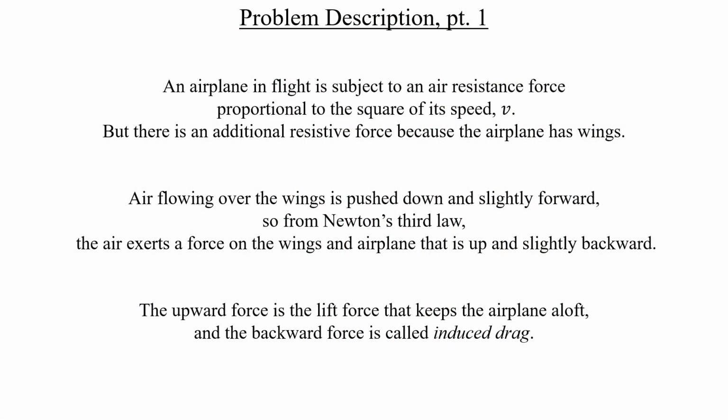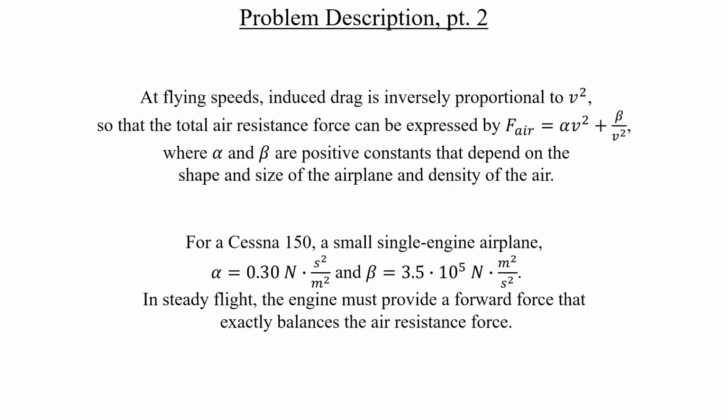A couple things are provided here about the air resistance of an airplane, how it's proportional to velocity squared, as well as this additional resistive force due to the air acting on the wings. The effects of the total air resistance can be described by this generalized force equation, but the constants in it, alpha and beta, depend on the characteristics of the airplane involved, as well as the density of the air.